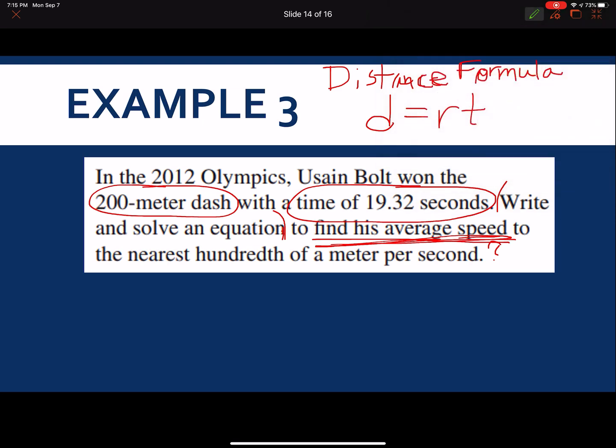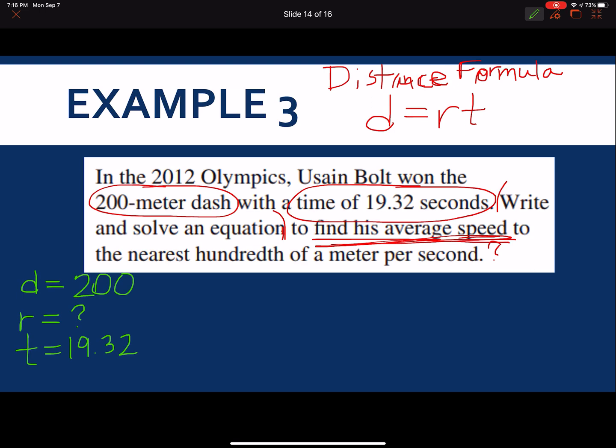So if we were to use these and substitute each one of these in place, our D or distance is 200 meters. Our R or rate of speed is our unknown. And our time is 19.32.